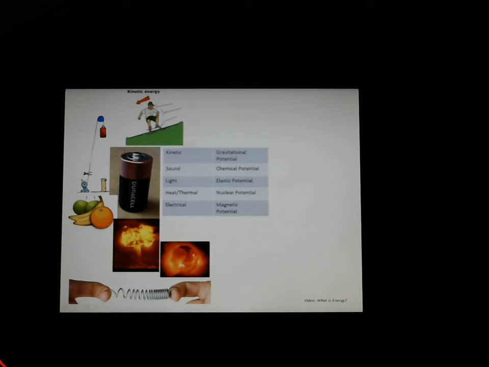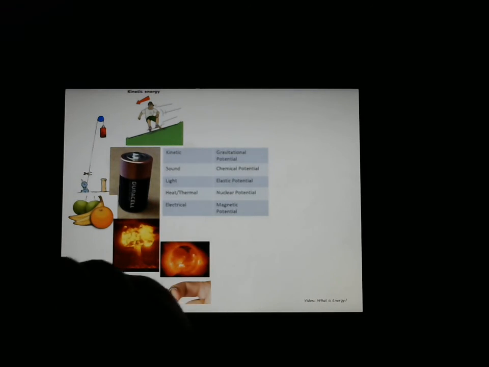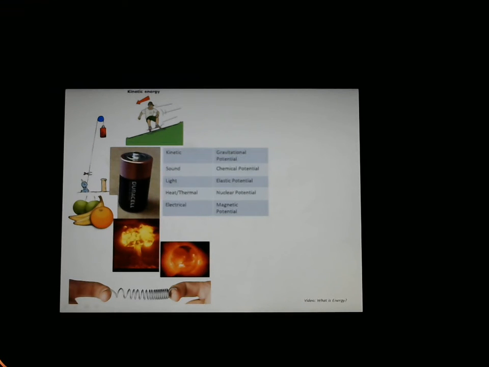Now these ones, this is the sun through an orange tint, and this is an example of a nuclear weapon there. But these are both examples of what we call nuclear potential energy. Okay, the sun is taking energy that is stored in the bonds inside your atoms, not the chemical bonds, like we learned a little bit about in chemistry last term, but the actual potential for energy inside your very cells, inside your very atoms, the little bits that make you up.